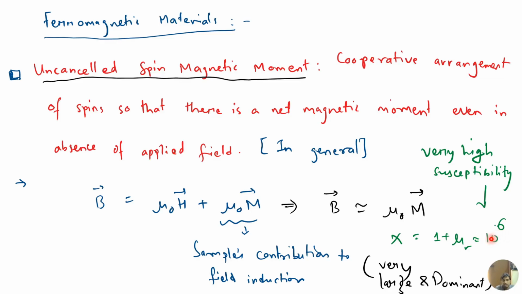Remember that earlier chi was of the order of 10 to the power minus 7. But now we have a value of the order of 10 to the power 6, which is a really dominating term. This ferromagnetic material results in the permanent magnets that we see in everyday life.